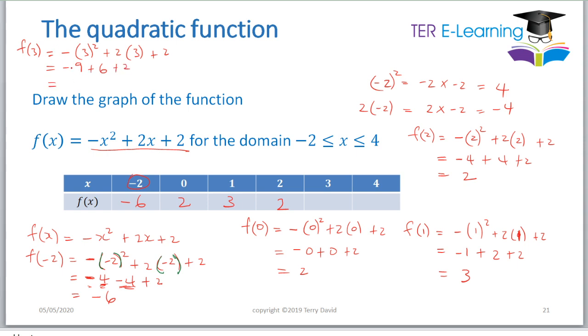Alright, so minus 9 plus 6 is -3, -3 plus 2 is -1. Alright, so the answer is -1. So therefore we put in -1 here. I want you to work out the last one. We want to work out f of 4.